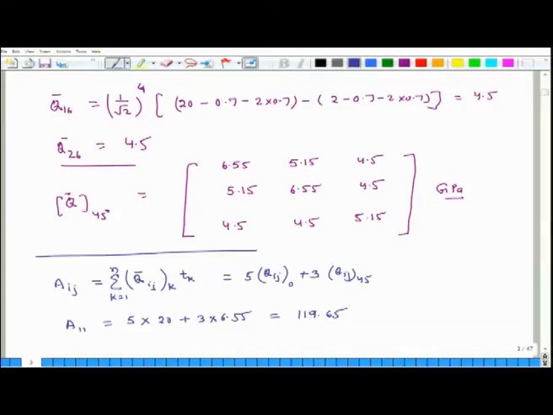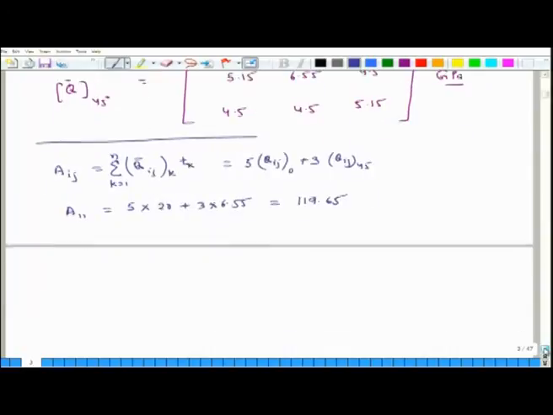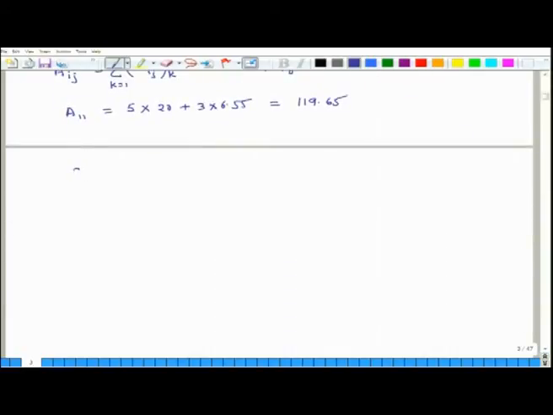Likewise, you can calculate all the elements of the A matrix. So, your A matrix is this: 119.65, 18.93, 13.5; 18.93, 29.65, 13.5; 13.5, 13.5 and 18.95.